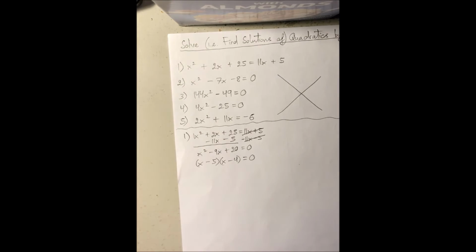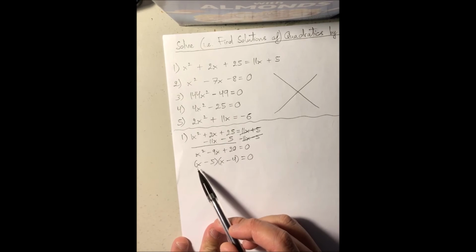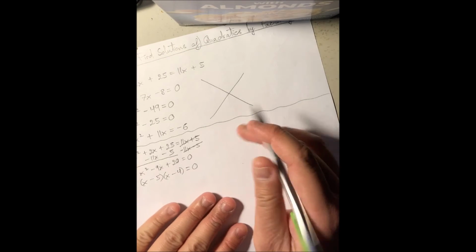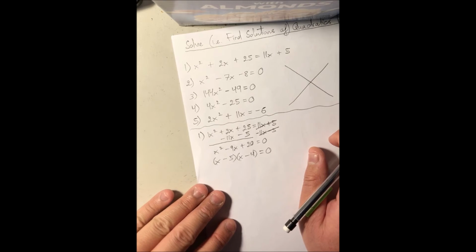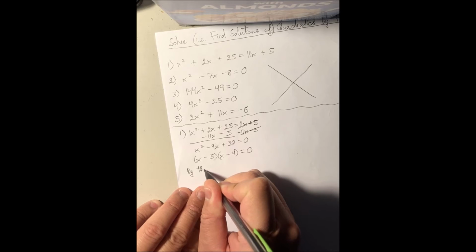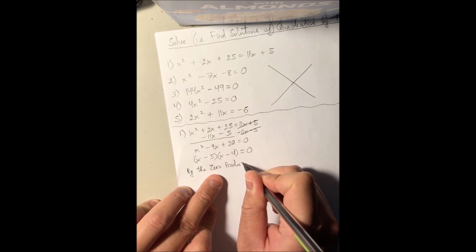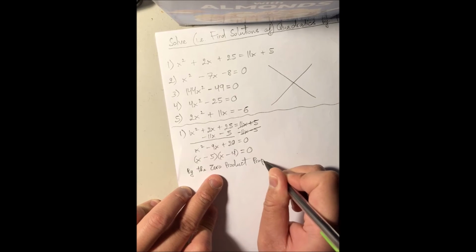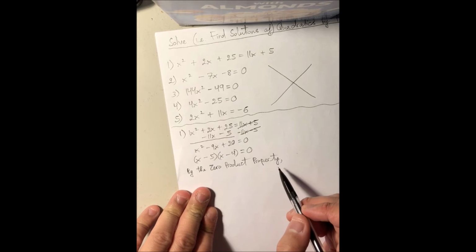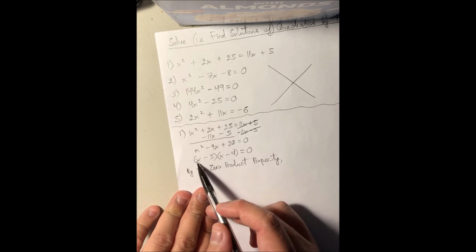Using something called the zero product property, at this step we get to set each of these binomial factors equal to 0, and then solve for x. The zero product property is something we get to use only when we have all binomial factors like this.